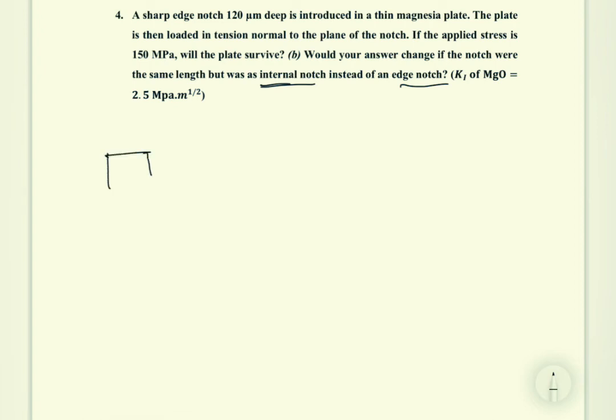So suppose the body is like this. This problem comes from the fracture of material, and basically this happens for brittle materials.